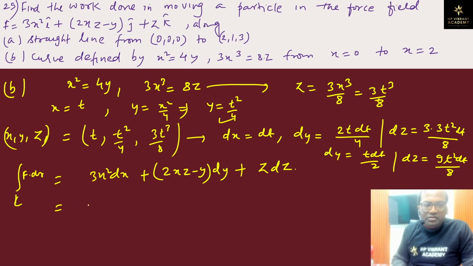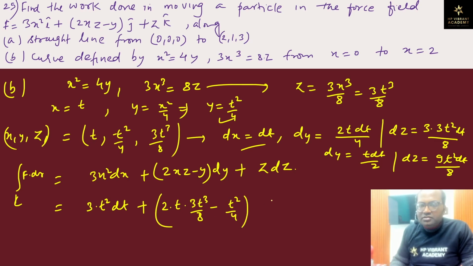Okay, let us place the value here. So 3 times of the value of x is t and dx is dt, plus 2 into xz, the value of x is t into z is 3t cube upon 8, minus value of y is t square upon 4 into dy is t dt upon 2, plus z dz, 3t cube upon 8 into dz is 9t square dt upon 8.